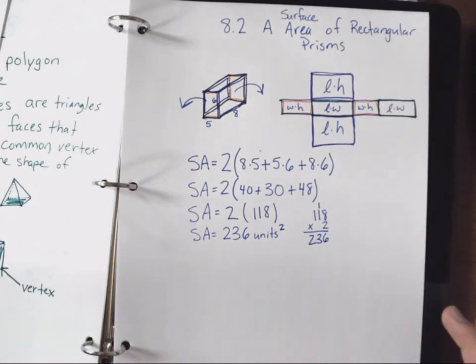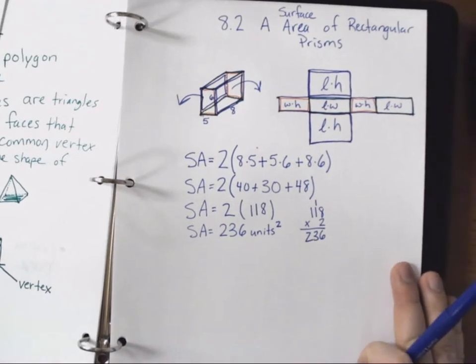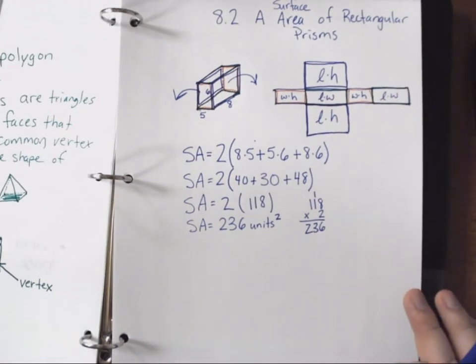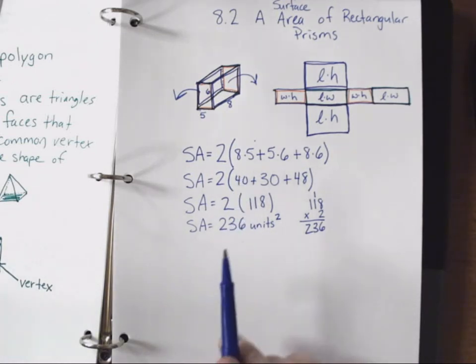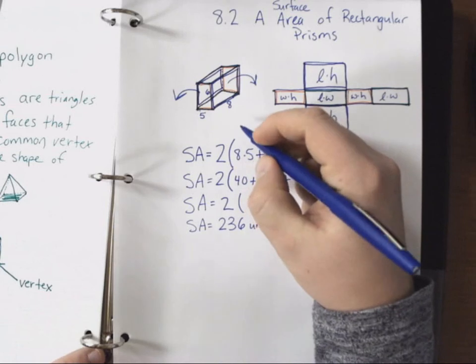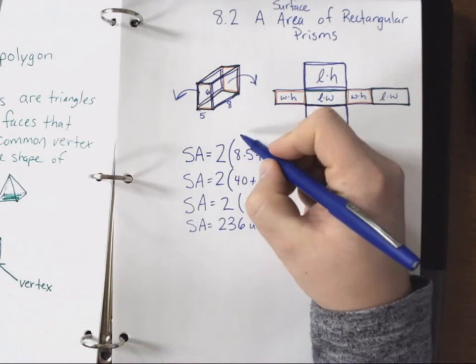So what I would like you to do is, on the board, there is a sample problem. I have labeled the lengths of the 3 dimensions. You have your width, your length, and your height. So all you need to do is simply plug in the formula, use the formula that we have talked about here. I'll even put letters that you might want to add to your formula here.